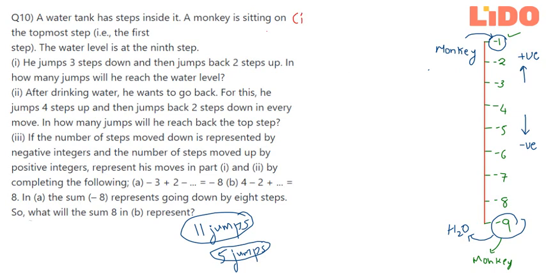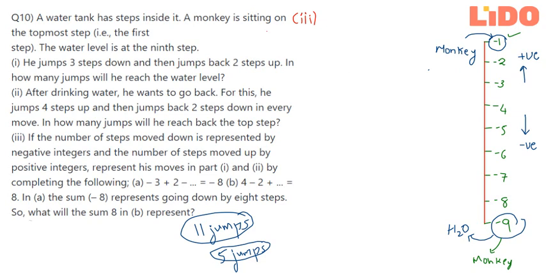So in the third subsection, let's read the question first. If the number of steps moved down is represented by a negative integer and the number of steps moved up by a positive integer, represent his moves in part 1 and in 2 by completing the following. A, -1 plus 2, -3 plus 2 minus so on and so forth, which gives us -8.